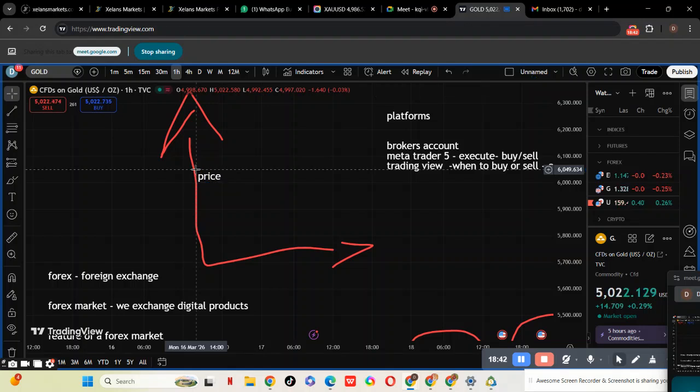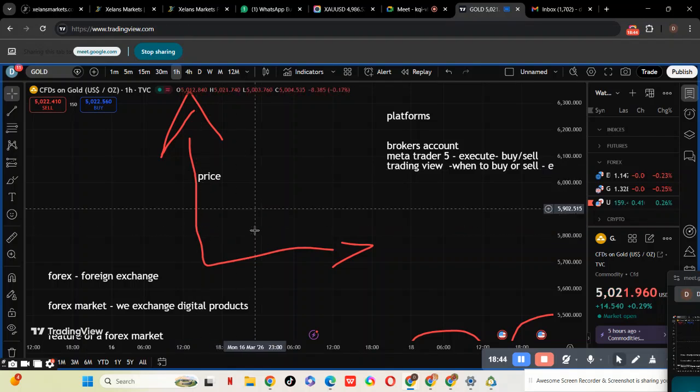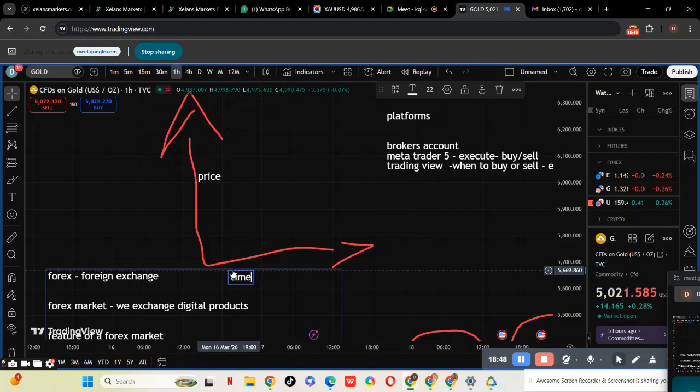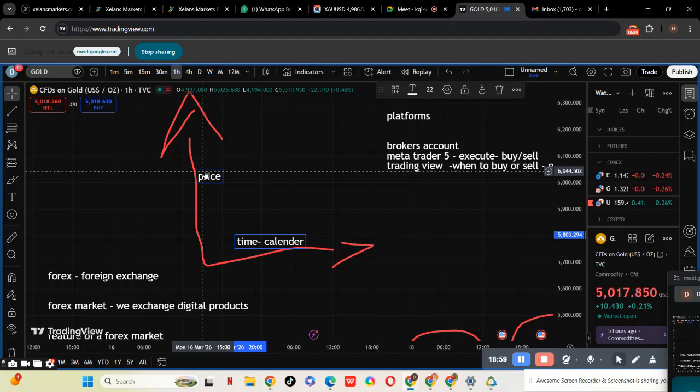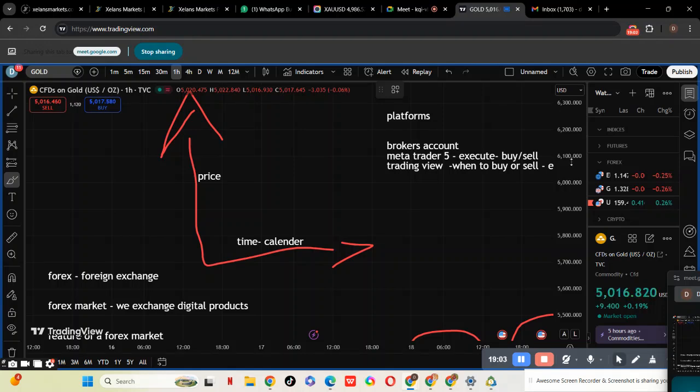Remember, we are doing a gold chart. This is where we get the price of gold against time. This is where we have the calendar. So this is time against price, or price against time. If you look at my chart, you see 61, 6,000, 5,900, 58.